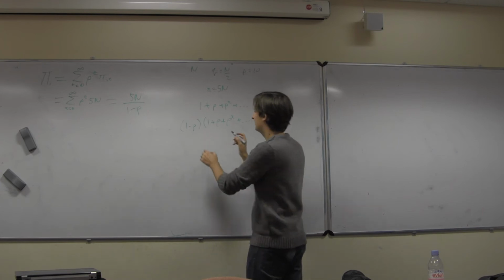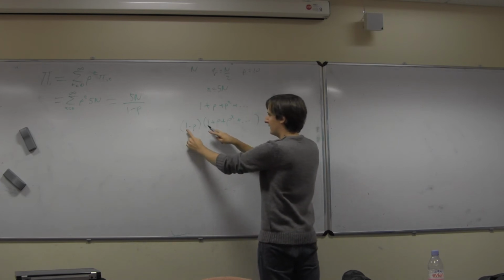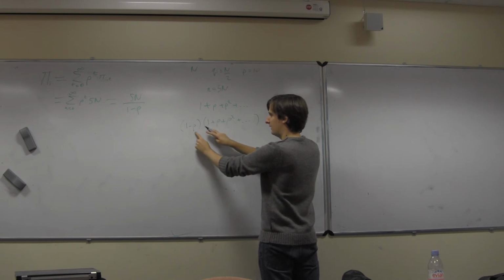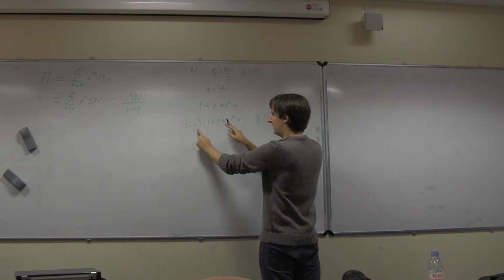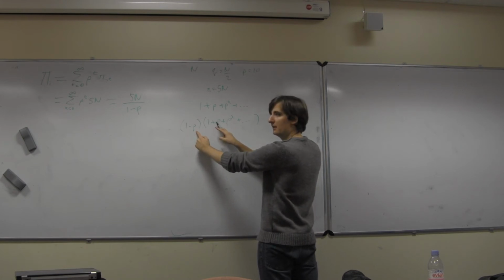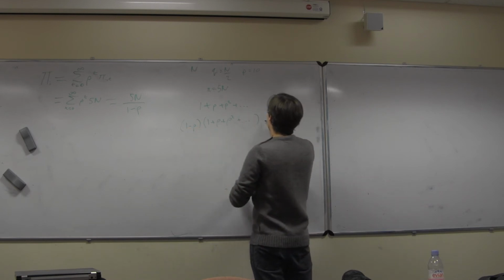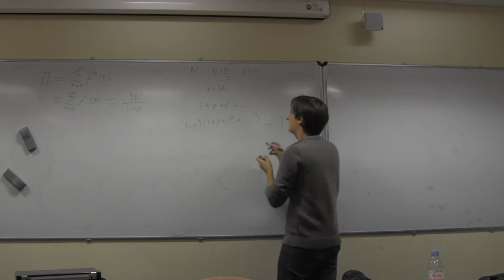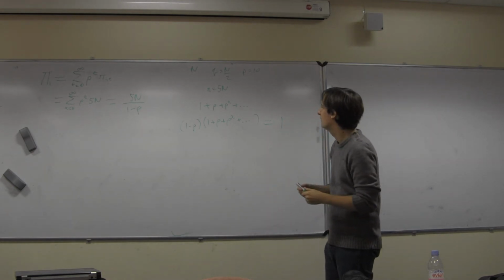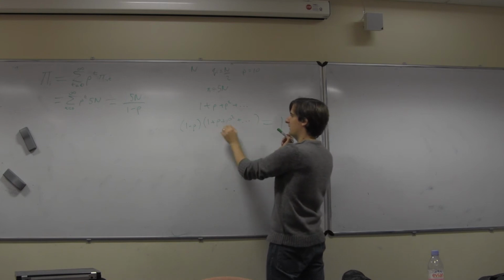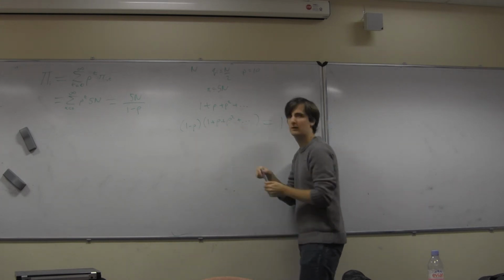Well, you're going to get plus 1, and then you're going to get plus rho, but then you're going to get minus rho, then plus rho squared, then minus rho squared, etc. So everything's going to cancel out, and all you're left with is that first term, which is 1. So this times this is equal to 1, then this thing must be equal to 1 over 1 minus rho.